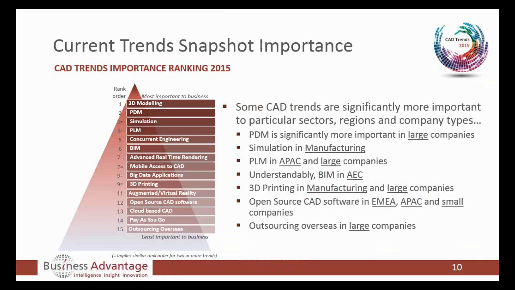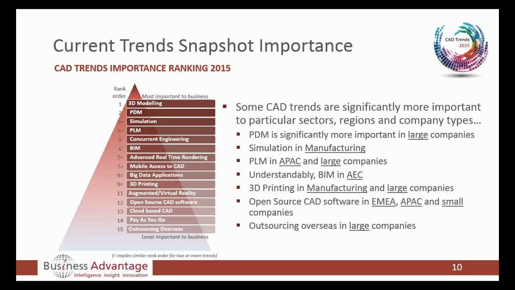As we touched on earlier, we asked people about the importance of these trends or technologies to their business. We wanted to understand this, and so we asked people to rate the importance of these trends to their business out of 10, where 1 is not important and 10 is vitally important.